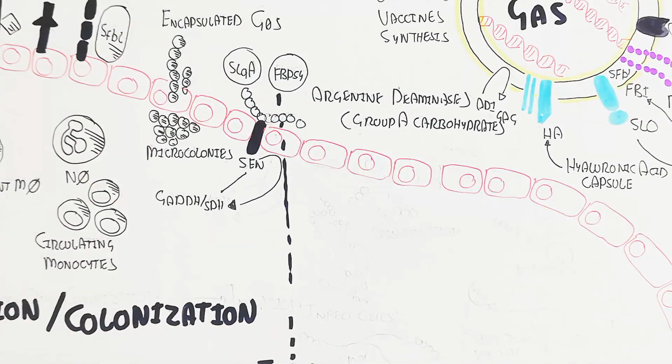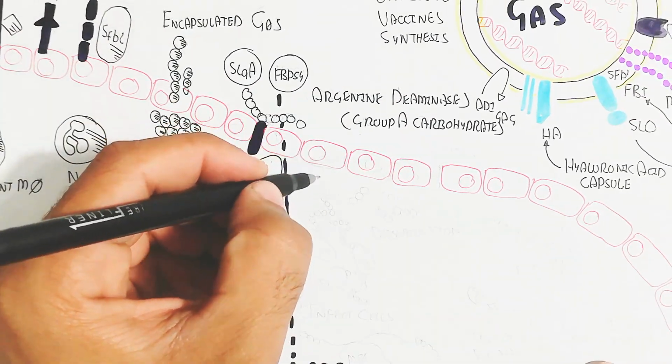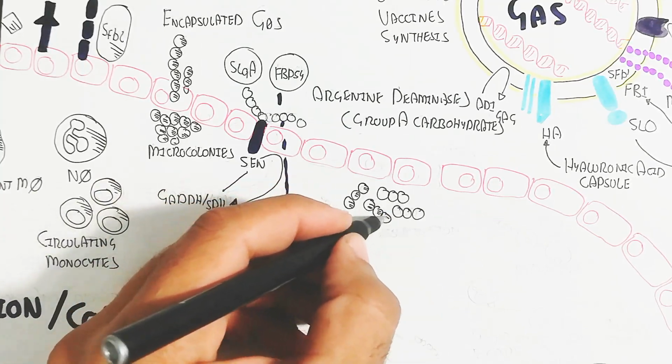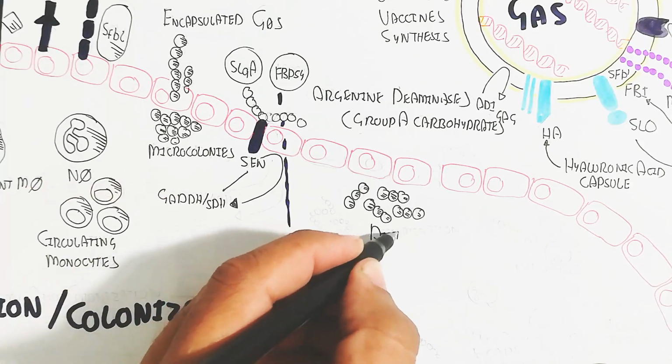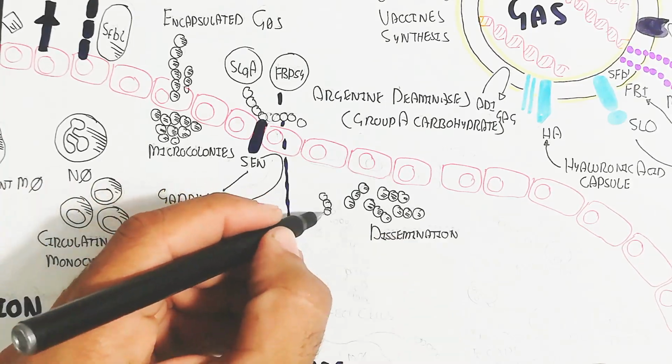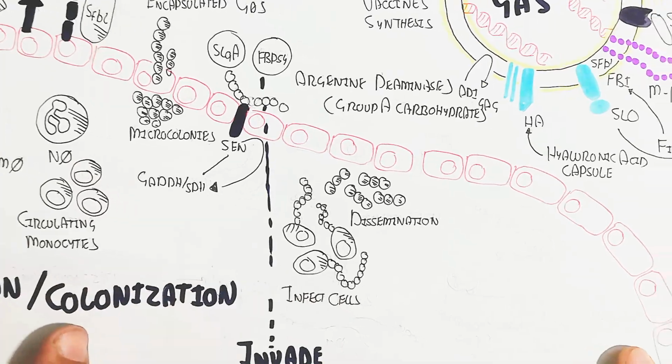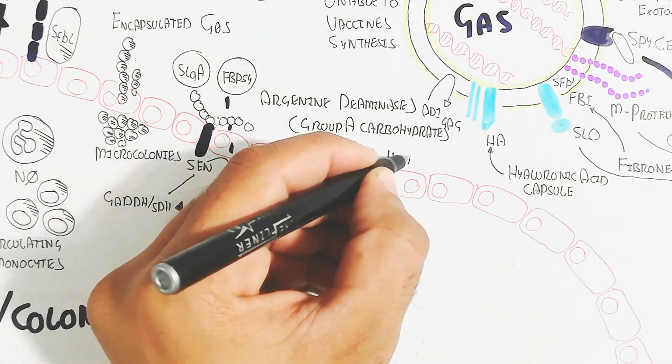After invasion, it can also hide between the endothelial cells, but when it moves inside, dissemination will occur and infect the cell. The infected cell produces inflammatory cytokines and inflammation increases.